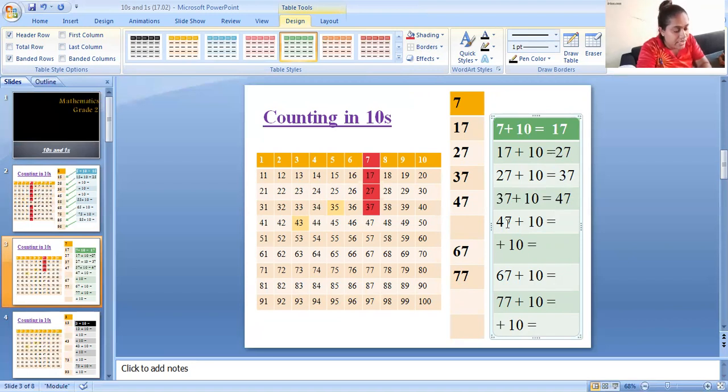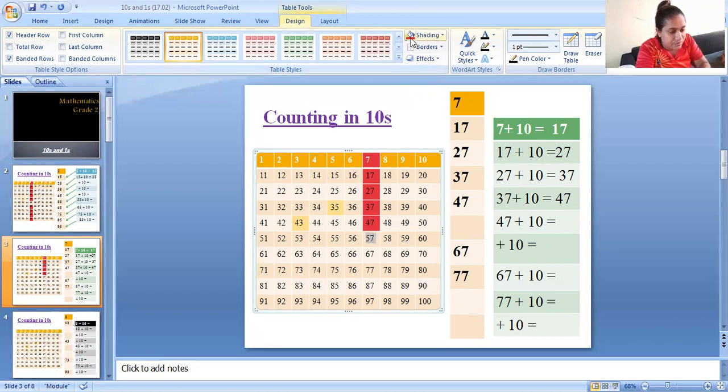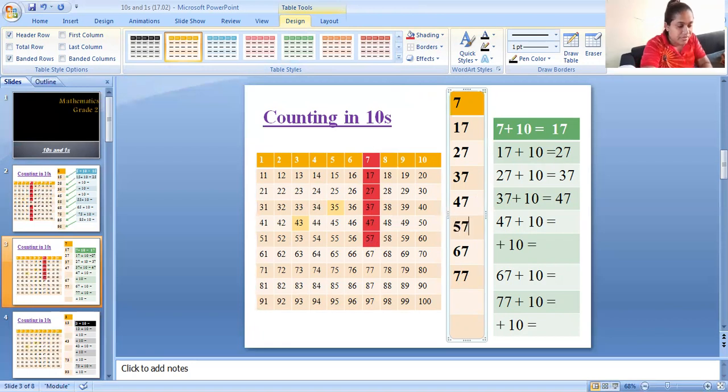Now we should find the answer 47 plus 10. So we'll mark 47 here and we'll start counting from there. 1, 2, 3, 4, 5, 6, 7, 8, 9, 10. What is the next number? It is 57. 47 plus 10 is equal to 57.